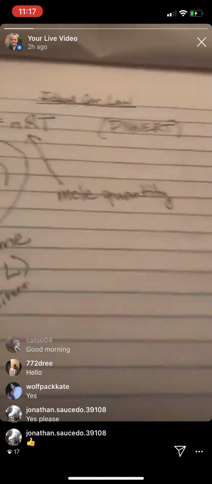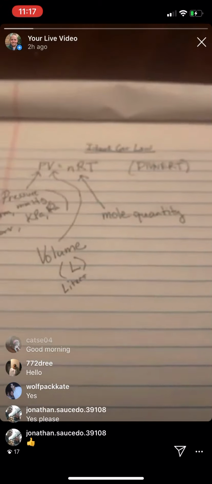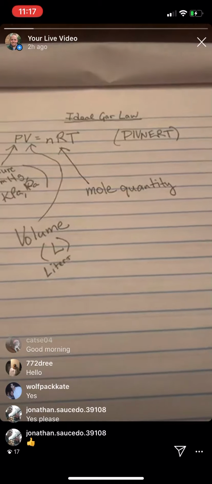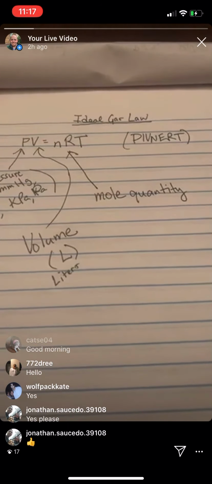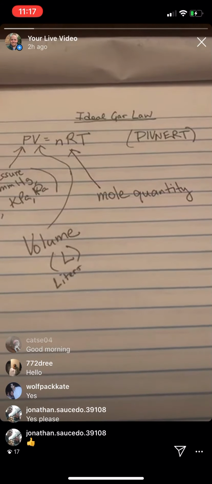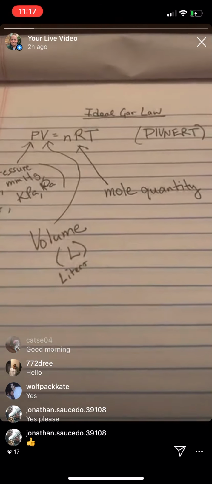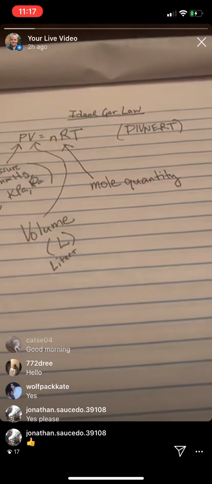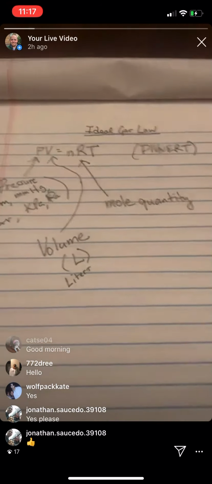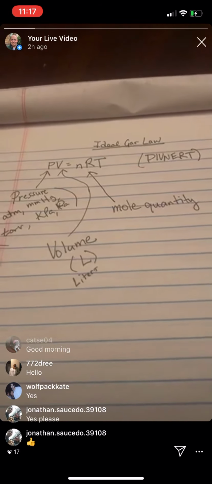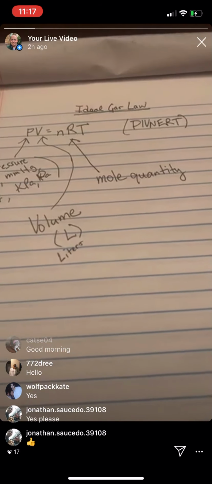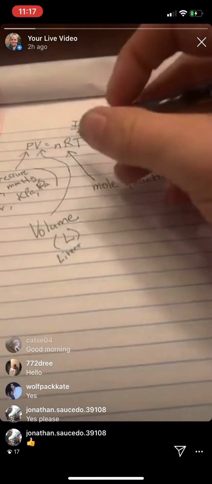Last time we talked about moles was stoichiometry, and when stoichiometry combines with gas law, that's how we get the ideal gas law. So there is a stoichiometric component to this as well. We could totally find out how much of a certain gas would be produced or how much of a certain gas we need based off of that n value right there.